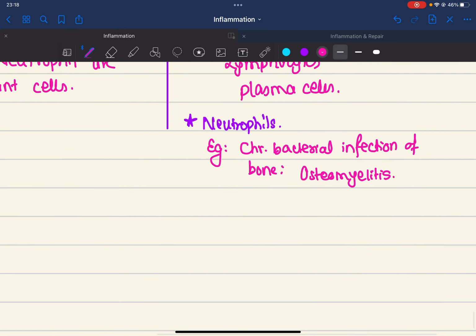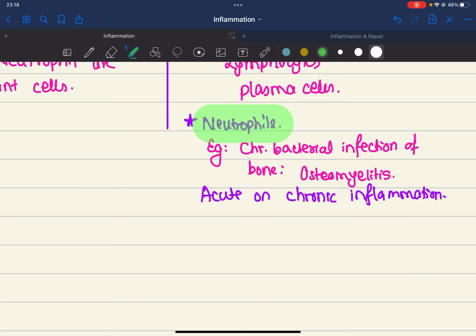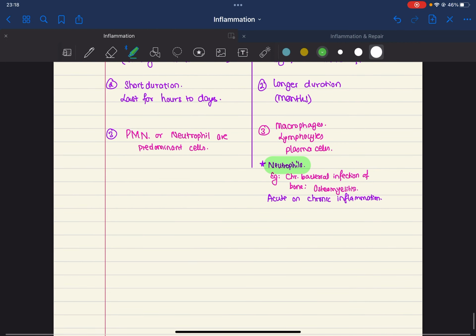In this condition, we call it acute on chronic inflammation. Besides this case, in other cases of chronic inflammation, we don't see neutrophils.